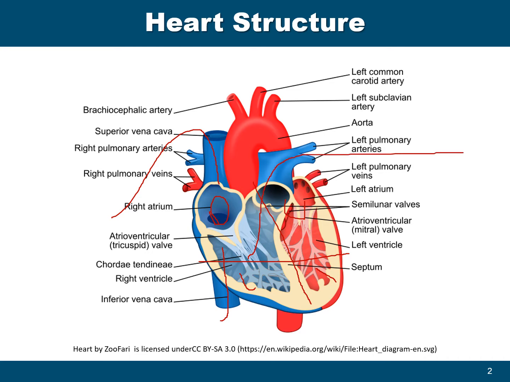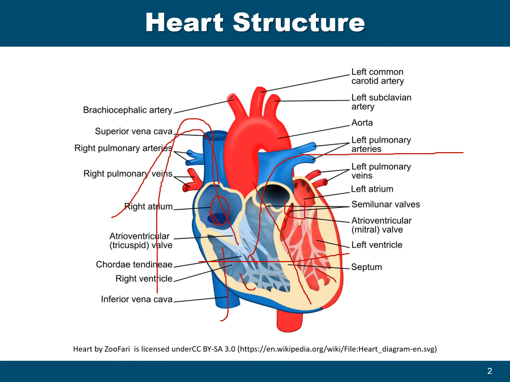So you will understand that whenever there is a failure of the right ventricle, the blood goes back to the systems, and that's why it's causing edema, liver cirrhosis, and splenomegaly, for example.